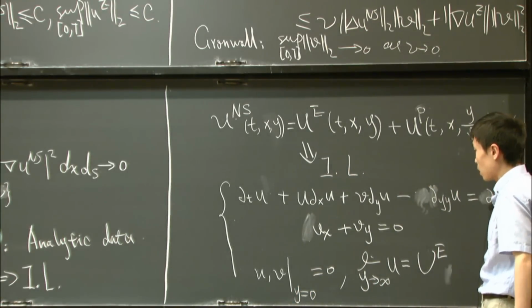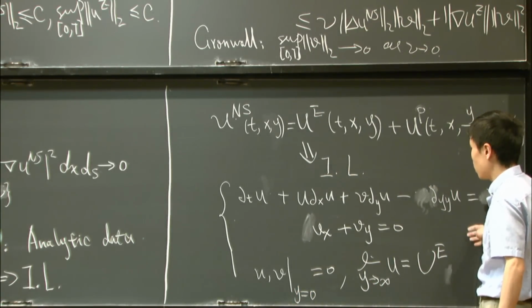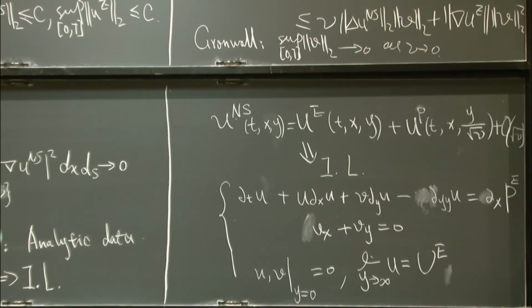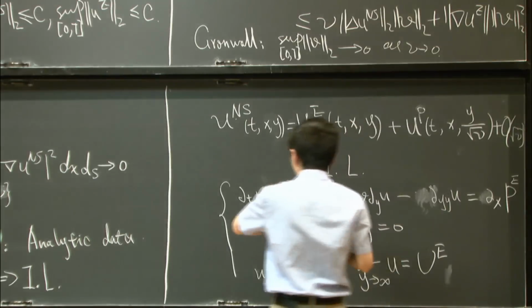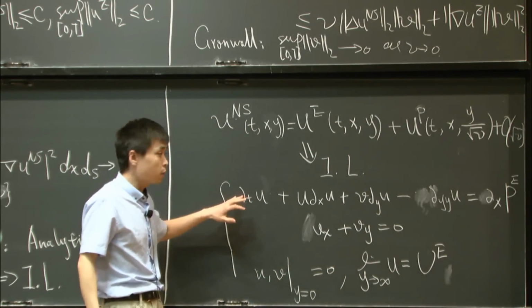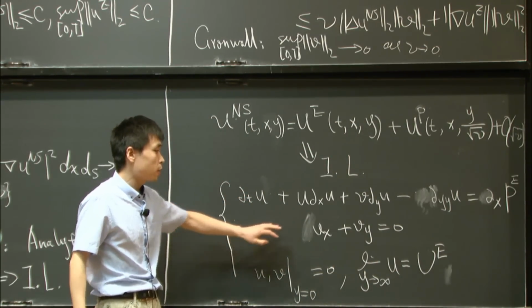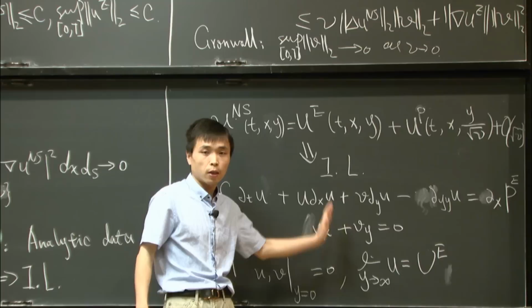Because I already wrote this Prandtl equation, maybe I can talk a little bit more about it. As you can see, we only have an equation for this u, and there's no equation for the vertical velocity v here.